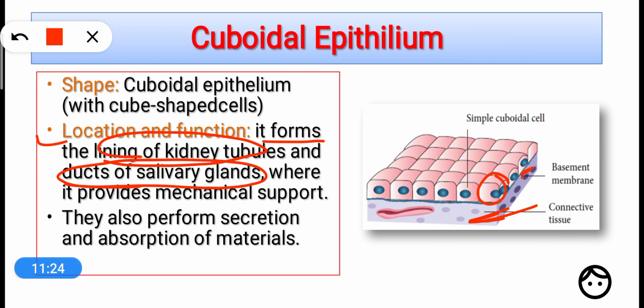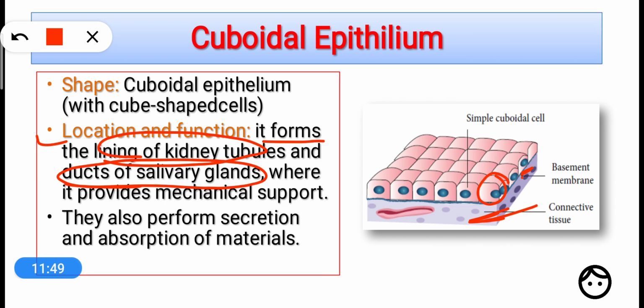In the same way, we know that there are salivary glands in our buccal cavity, right? The salivary glands make saliva and release their fluid into our mouth with the help of some ducts. Ducts means tubes. So these ducts of the salivary glands also have cuboidal epithelium in their internal lining.